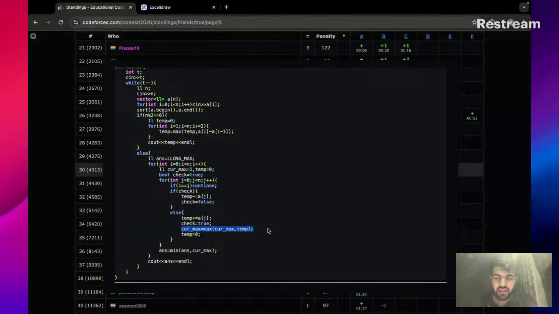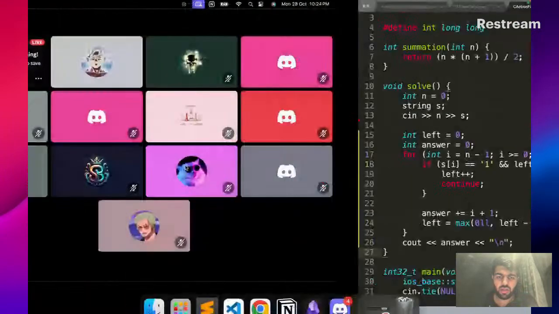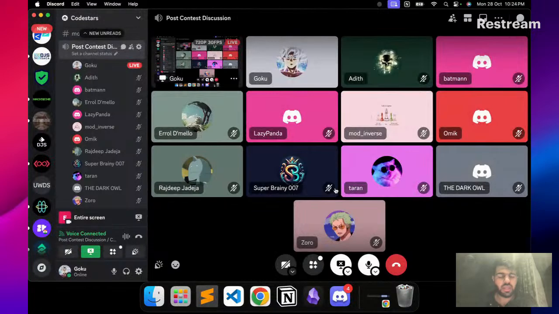If n mod 2 is 0, he's finding the answer, and else he's just doing the same thing. Yeah, he's not doing anything different. It's the same thing.